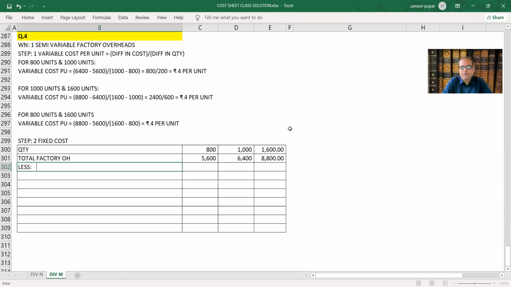From this total, if I reduce variable, I should get fixed balance figure. So variable cost is 4 rupees per unit. So for 800 unit, it should be 800 into 4. For 1000 unit, it should be 1000 into 4. And for 1600 unit, it should be 1600 into 4.